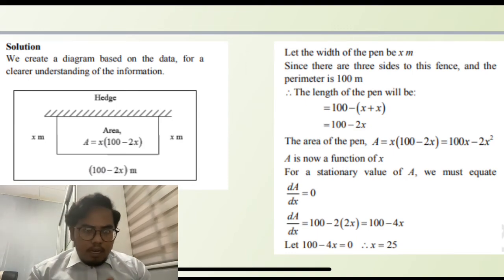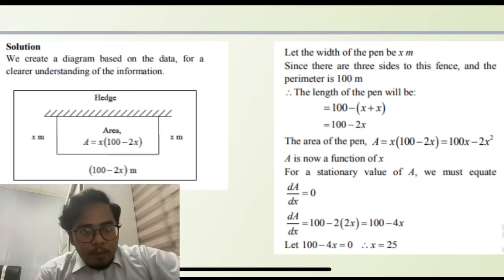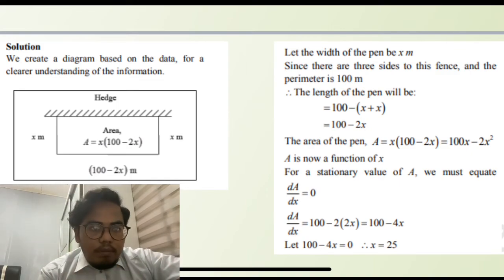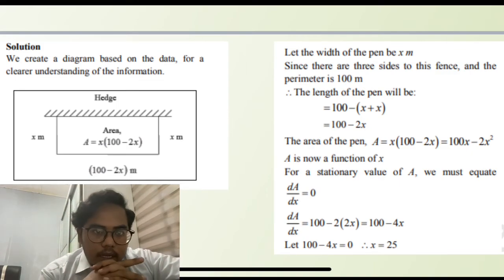Then we differentiate it, because we want to find the maximum possible area. When we differentiate the equation of the area, we get 100 minus 4x.